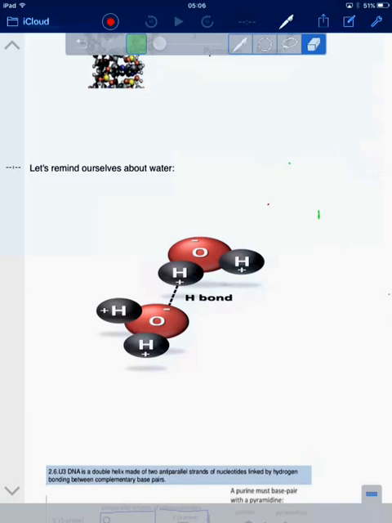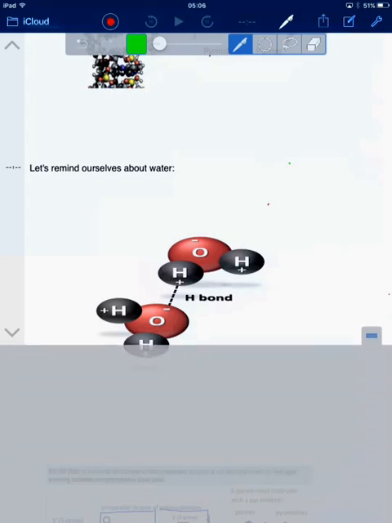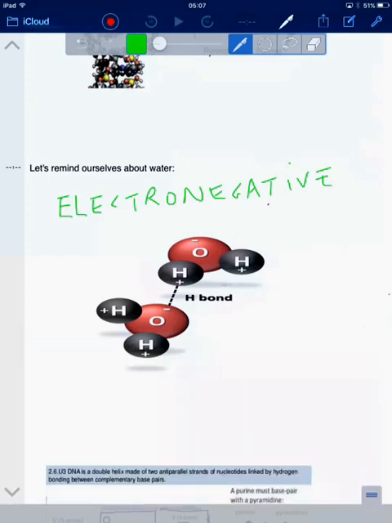And it's due to a very individual feature of oxygen in hydrogen bonding in water. And it's that oxygen is very electronegative. This is an important word. Electronegative.